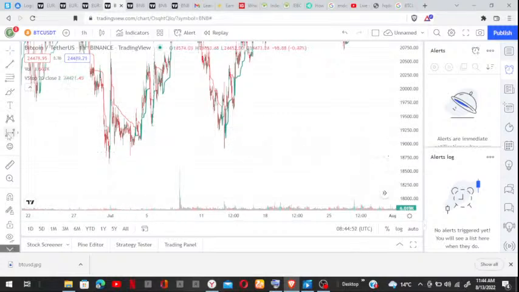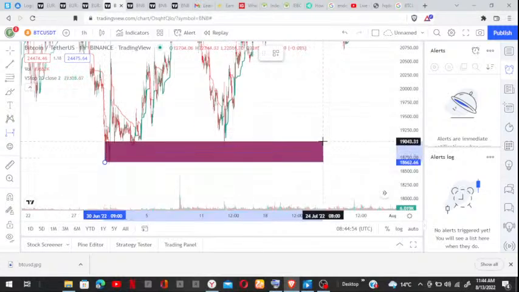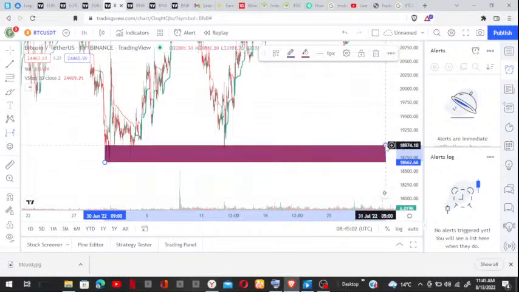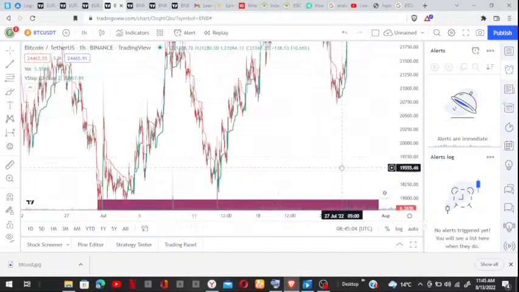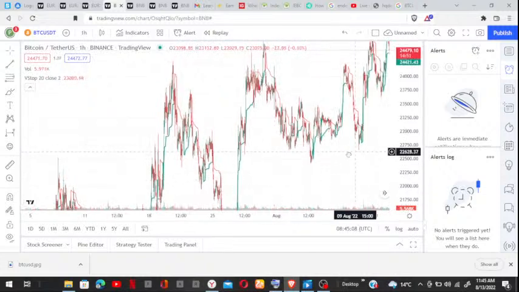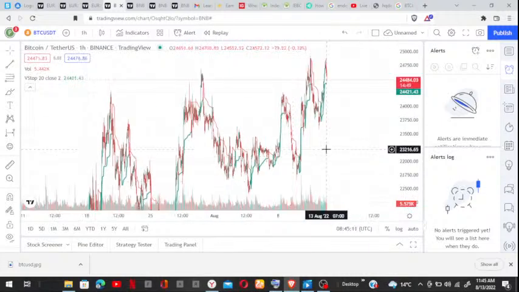Let me just give you an overview, just giving out my long-term analysis before I tell you why I analyze my charts differently. Not actually differently, I think most of the people who are right now analyzing Bitcoin USDT have decided to sell now and up until this level here.